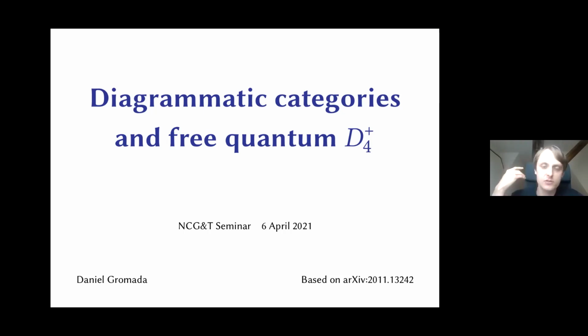And then I will show some specific application, namely I'm going to define some free quantum analog of Coxeter group of type D with rank equal to 4, which is the content of this arXiv preprint here.